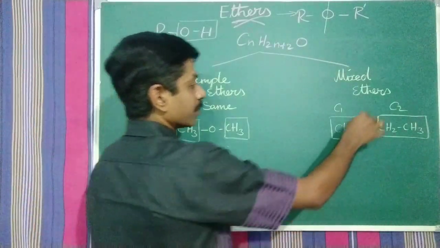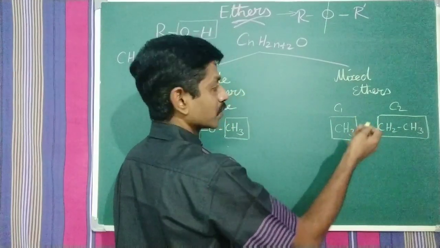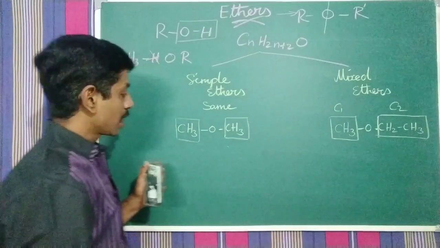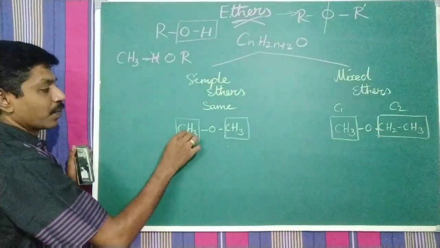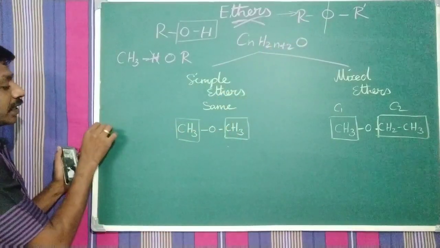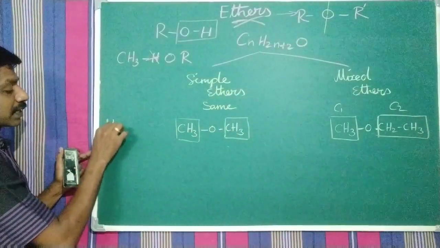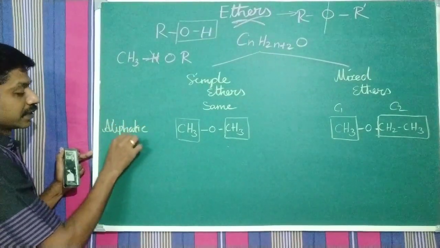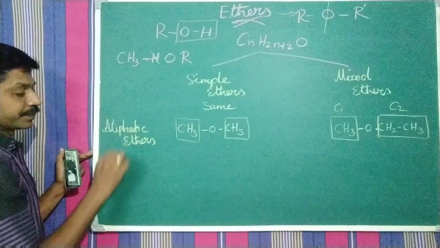Thereby the symmetry of the molecule is lost. So they are called unsymmetrical ethers or mixed ethers. And both of them have only alkyl groups, R groups, so we call them aliphatic ethers.